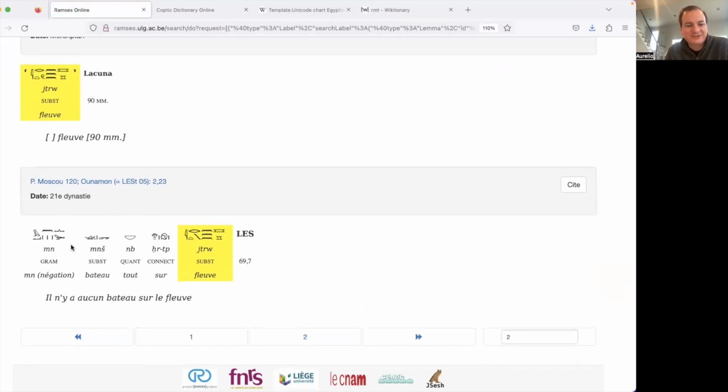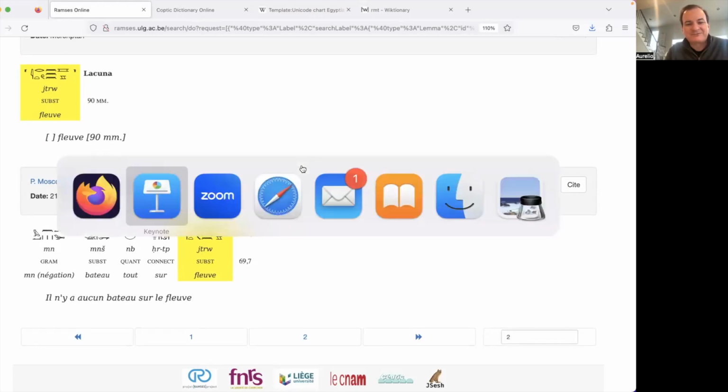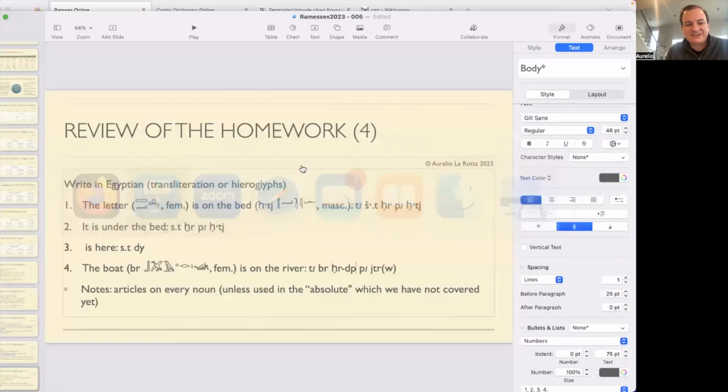There is no boat on the river, different word for boat. Men, there is not. Menishnib, any boat. Herdep, on top of itiru. So I guess that's what I should have used. Well, learn something new. So when in doubt with prepositions, especially, looking for things on Ramses or any corpus of text is really useful. All right, but very well done.